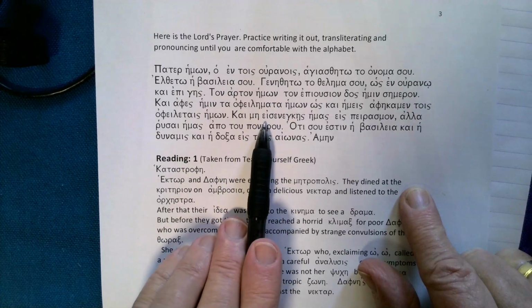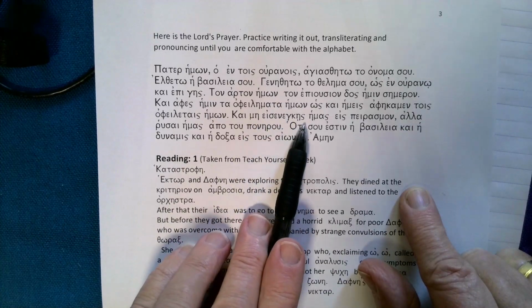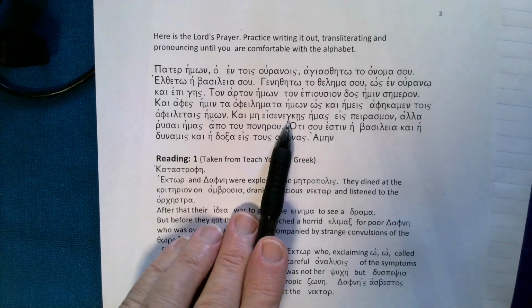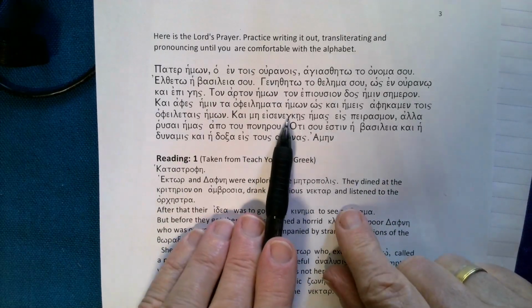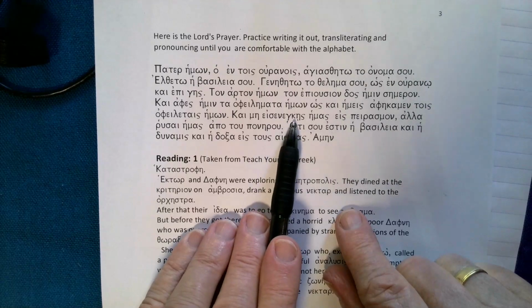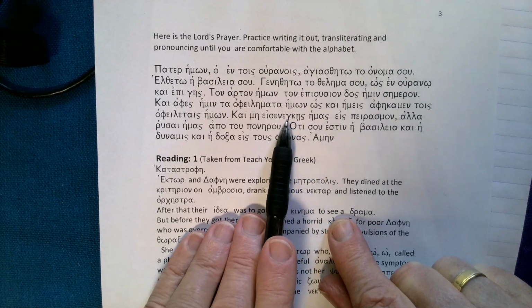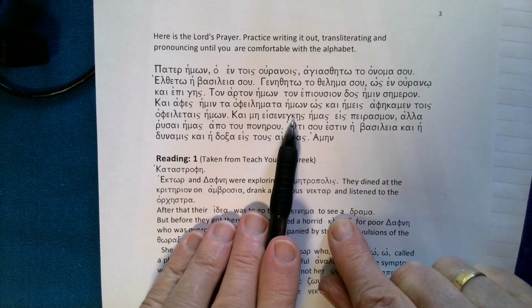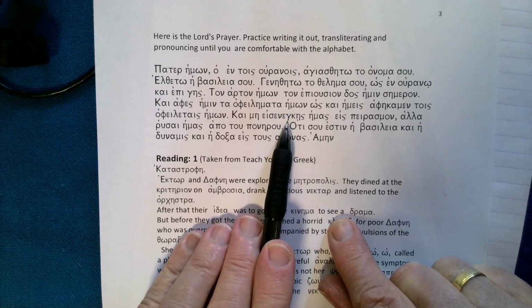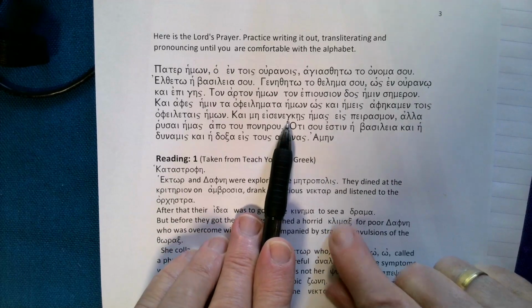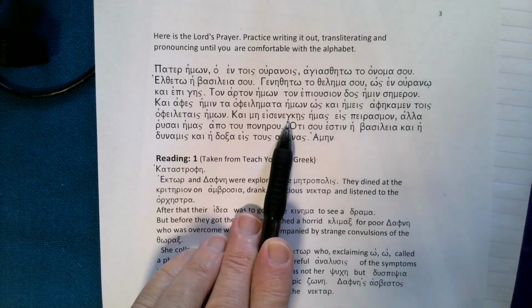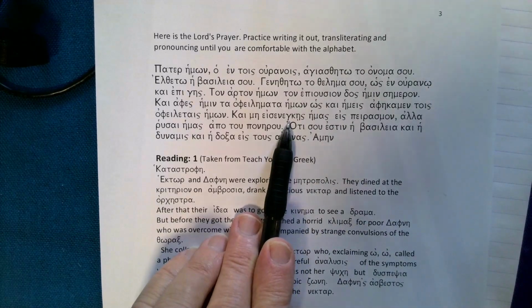Kai me eisenenkes. Now that's another thing I haven't mentioned, but when you've got gamma before a consonant, that is before a chi or a kappa or another gamma, this first gamma is pronounced as though it were an N. I won't make it complicated to explain why, but this technically is not really a gamma at all.